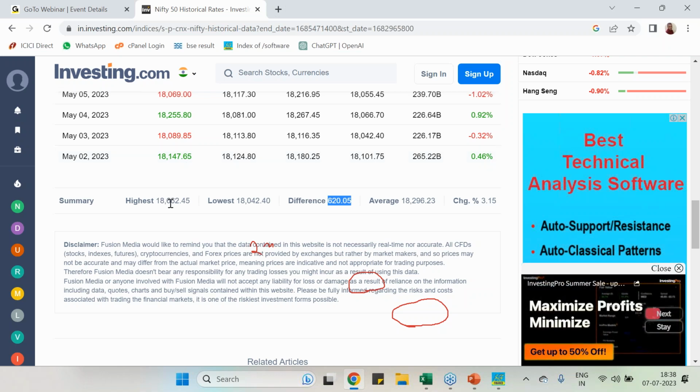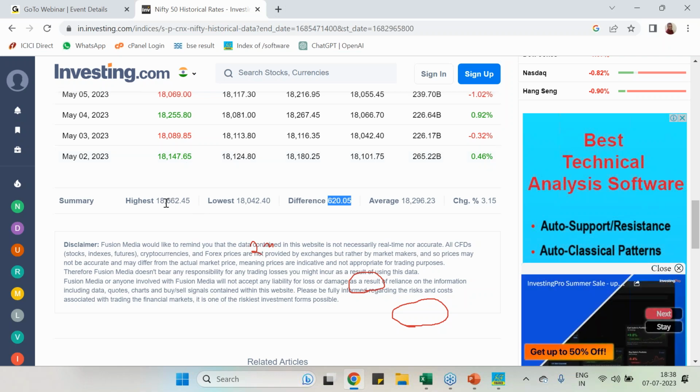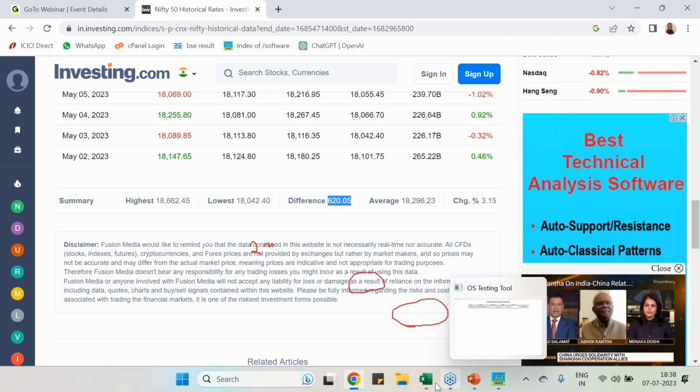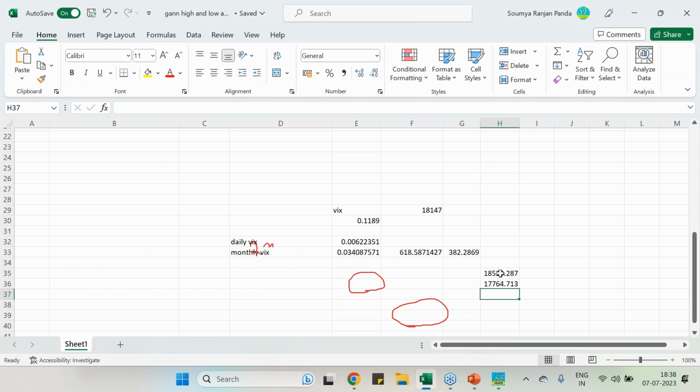18,147 and 18,662, so there was a 620 point movement in that month. So what we have to do here: when 18,529 forms, the consolidation will start once it touches 18,529, and the up move will start after touching 17,764, or consolidation will start at 17,764.